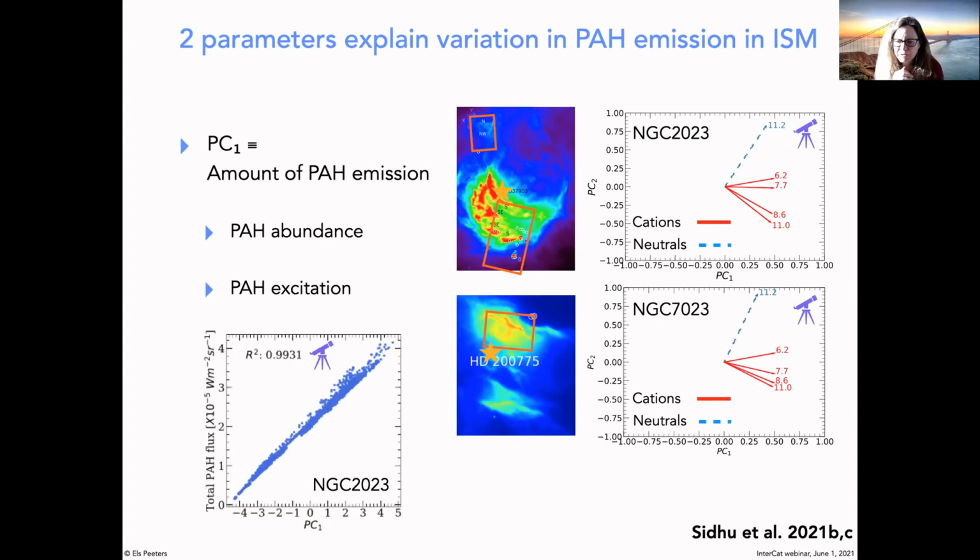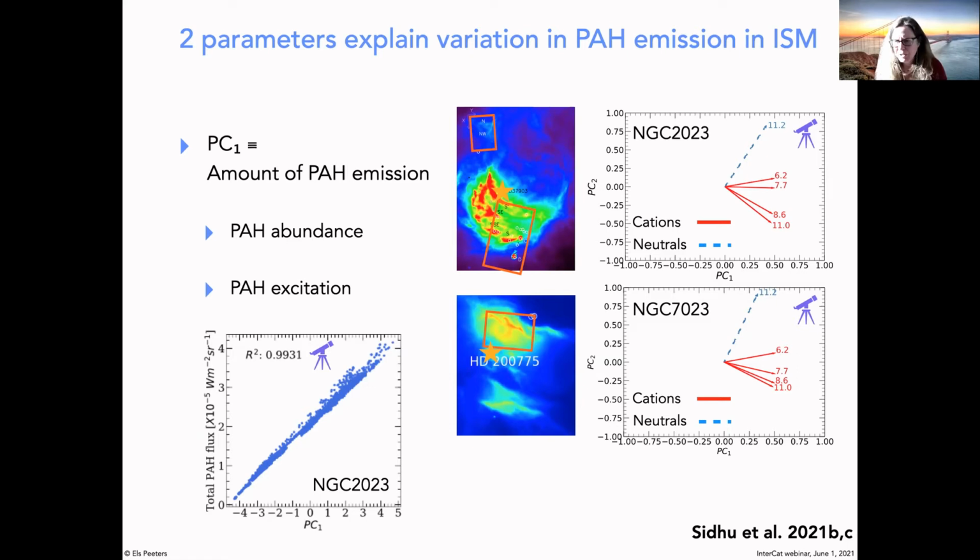I already mentioned that all the fluxes increase as the principal component increases. And so the first component basically probes the amount of total PAH emission you have. You can also see that here in this correlation plot, where we plot the principal component with respect to the total PAH flux, and you see we have a very tight correlation.